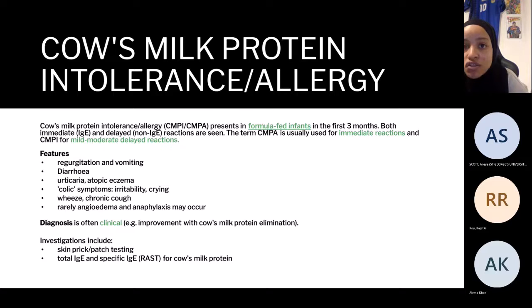The way to see whether it does have an impact is to eliminate the cow's milk protein by giving them the formulas that we saw, and see whether that resolves the issue. The investigations that you see on the page are some of the ones you would do to further clarify whether it's an allergy or an intolerance as well.